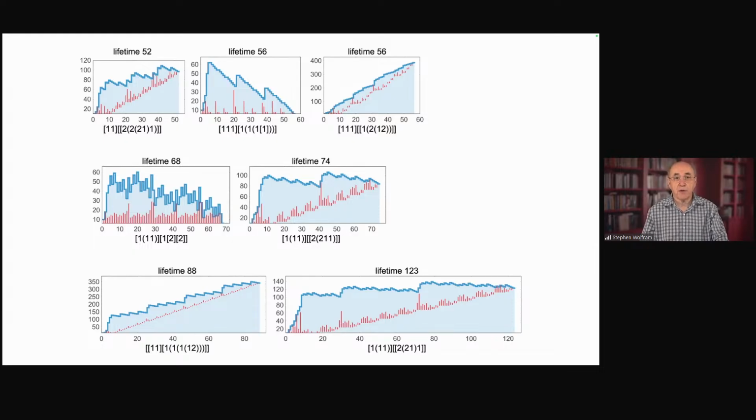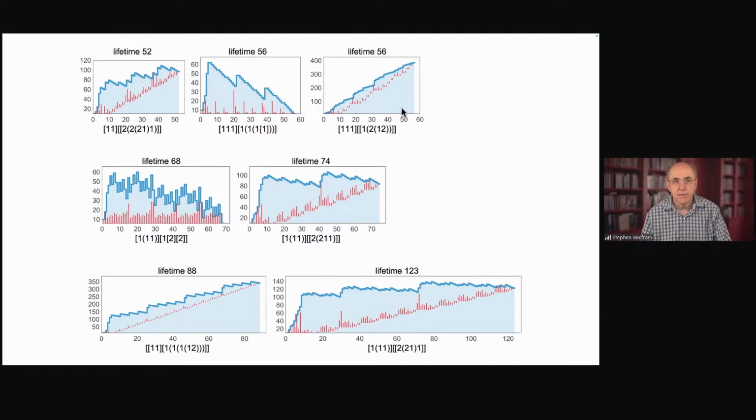Some of these terminate with small lambdas. The one up here with lifetime 88 yields a lambda of size 342, while the second one of these lambdas with lifetime 56, the first lambda of lifetime 56 goes to a tiny lambda, but the other one of lifetime 56 yields a lambda of size 386.